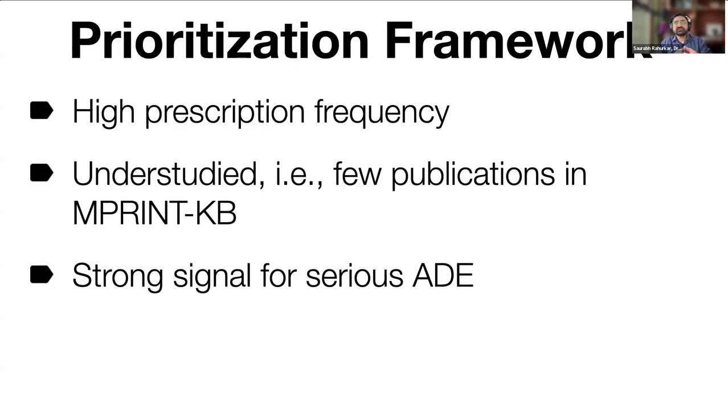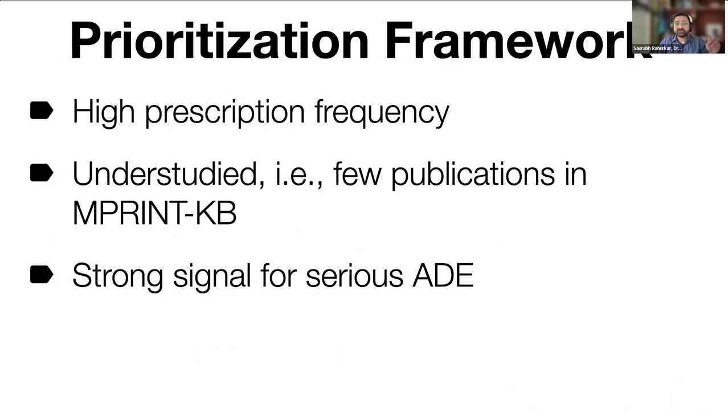So once we had all these data sets aligned, we had a prioritization framework that we had to work with. We aren't just looking for random drug ADE associations. We are focused on drugs that meet a couple of criteria. They were frequently prescribed; higher real-world exposure increases clinical and public health impact. They were understudied, meaning they had few or no pediatric-focused publications in the MPRINT KB.